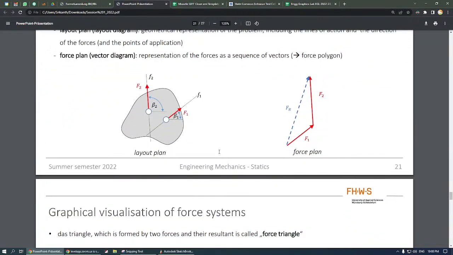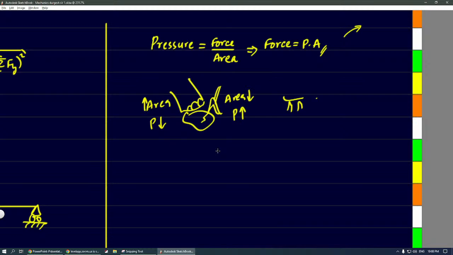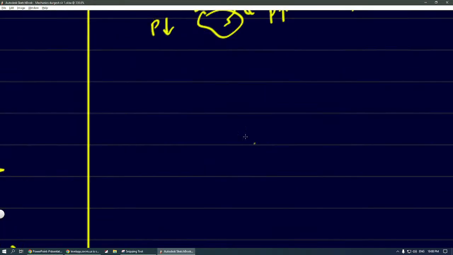If they are giving us a problem with a diagram, we will make it easier for us to calculate. No, I'm asking you what is free body diagram. In a free body diagram, we replace supports.